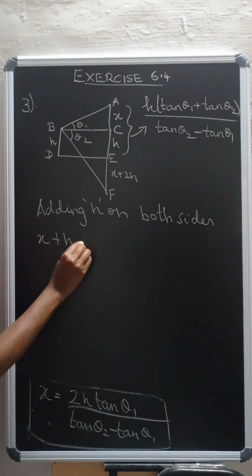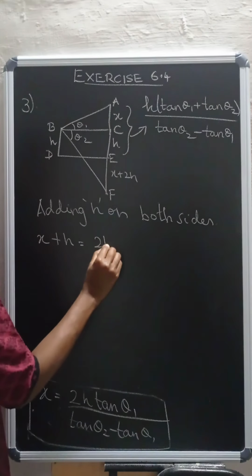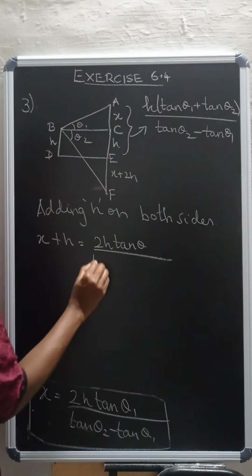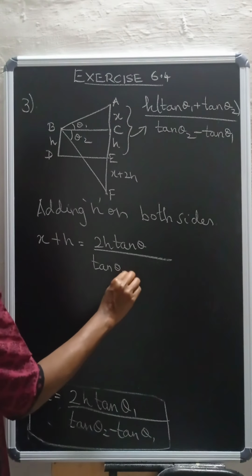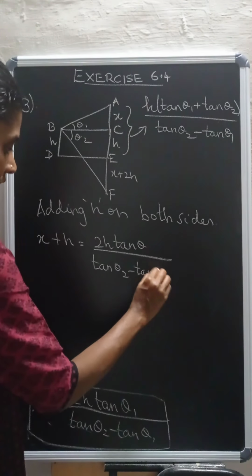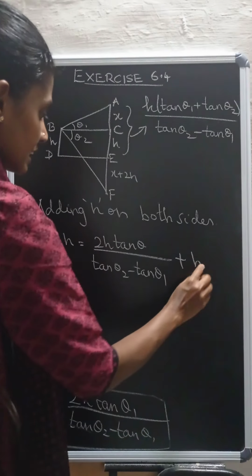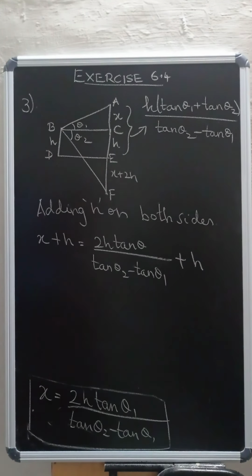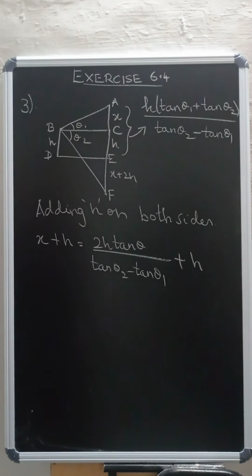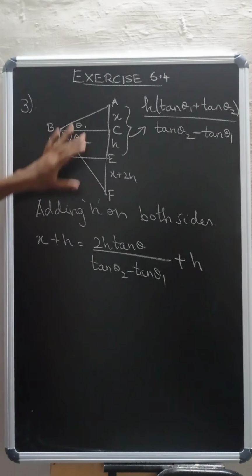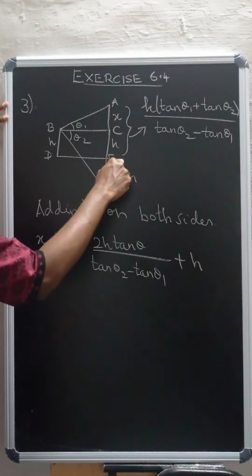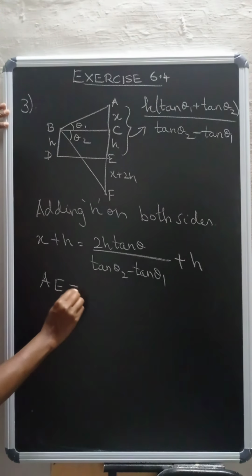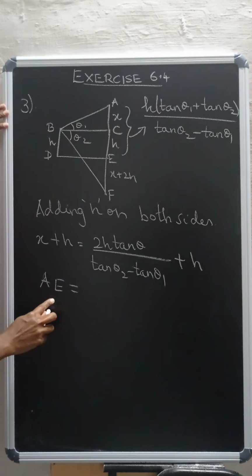You will get x plus h is equal to 2h tan theta 1 divided by (tan theta 2 minus tan theta 1) plus h. Now x plus h is the distance between the ground and the cloud, so instead of x plus h I am putting AE.